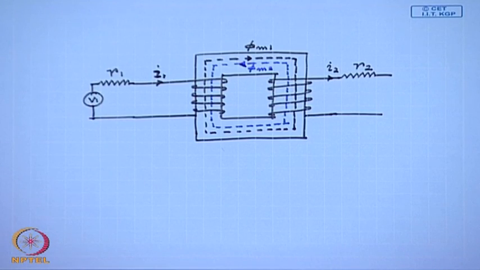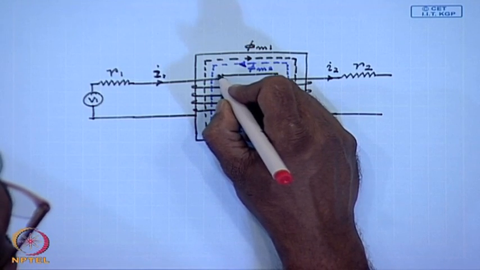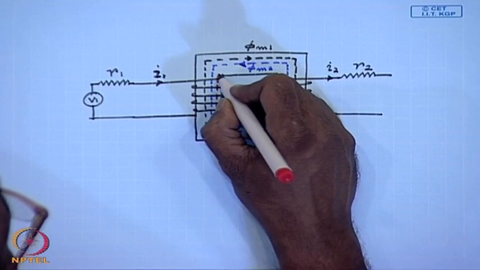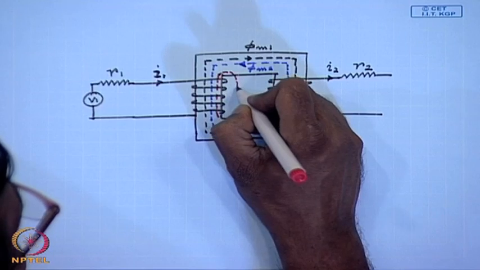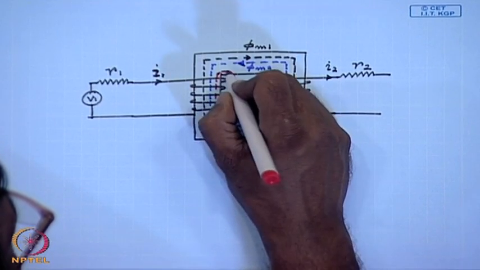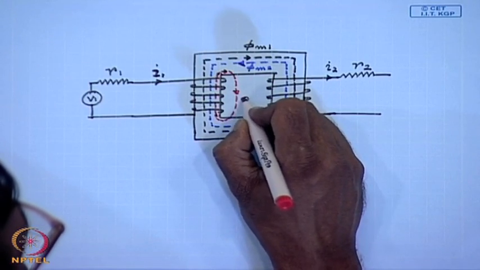However, in a practical single phase transformer, since the core is not infinitely permeable, there will always be some flux which will not flow entirely through the core, but part of it will flow through the air. This is called the leakage flux, call it phi L1.